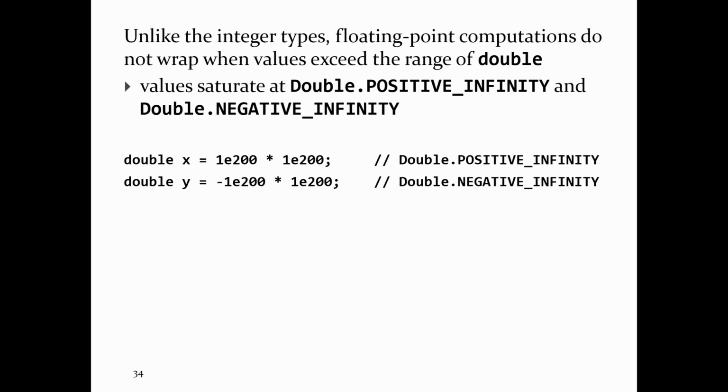So two very large doubles multiplied together probably give you back positive infinity. A negative large value and another large value multiplied together will give you back negative infinity. So the floating point numbers don't wrap around, they saturate instead.